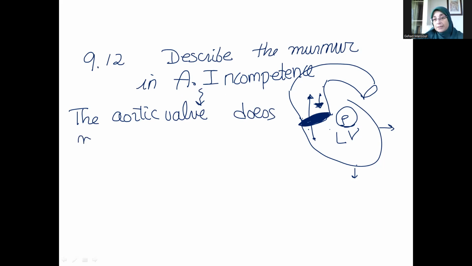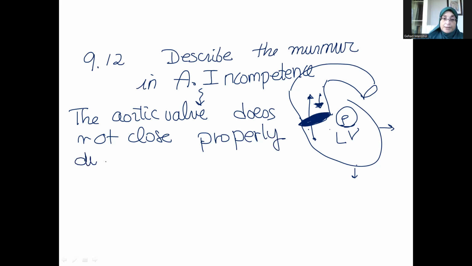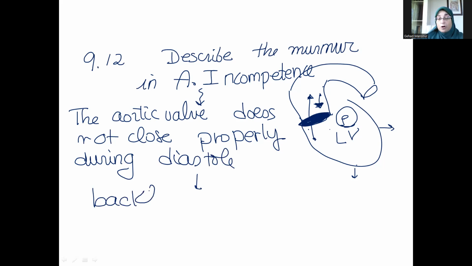It opens during systole, as we have seen, and allows the passage of blood, but it does not close properly during diastole. So during diastole, there will be backflow of blood.